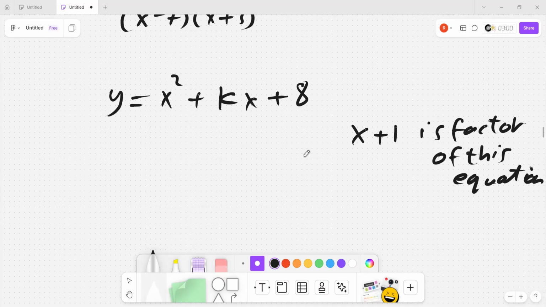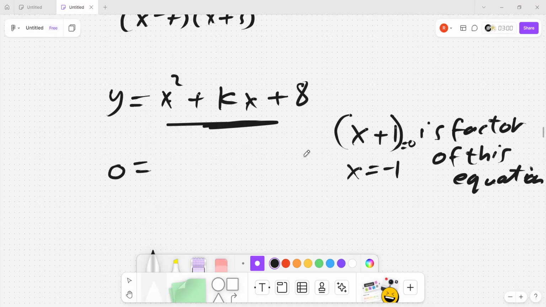Perfect. That means when this equation is divided by x plus 1, we get a remainder equal to 0. So I will take x plus 1 and make it equal to 0. So x will be negative 1, and then I will replace each x by negative 1, and instead of y, I will write 0. So this is how we find the k. Why did I write 0 for y? Because I know that the remainder of this division will be 0, because of the word factor.